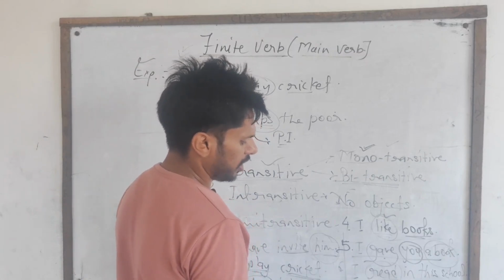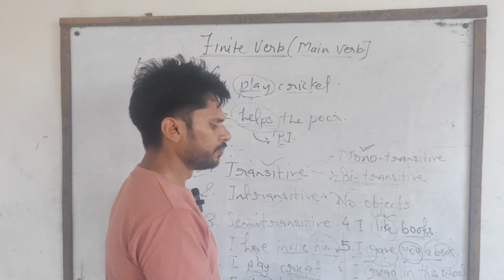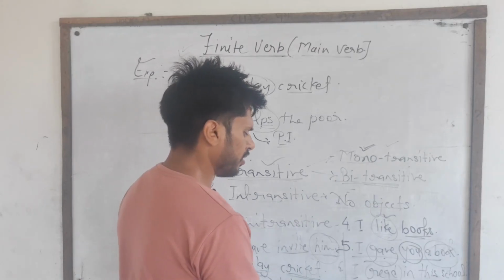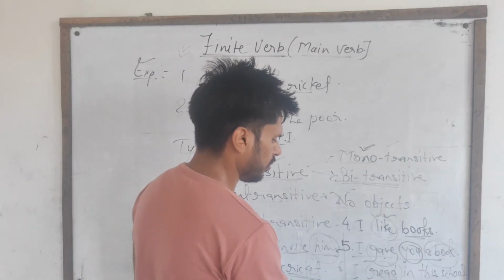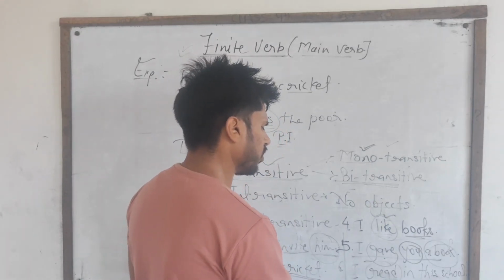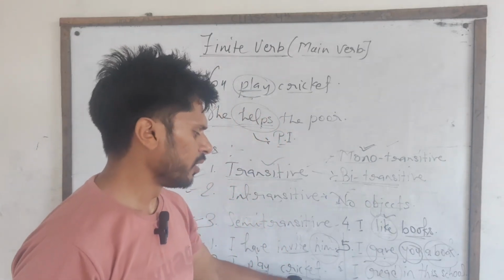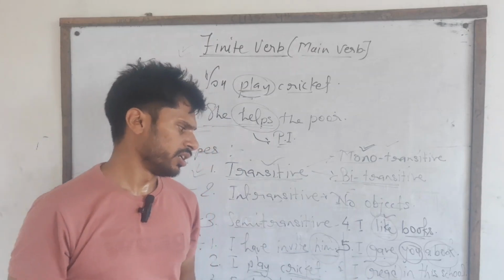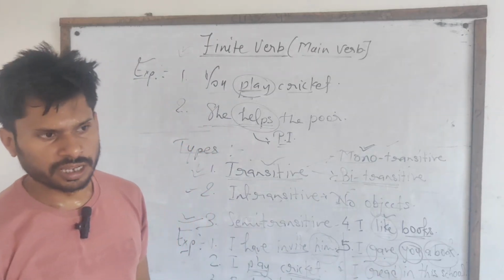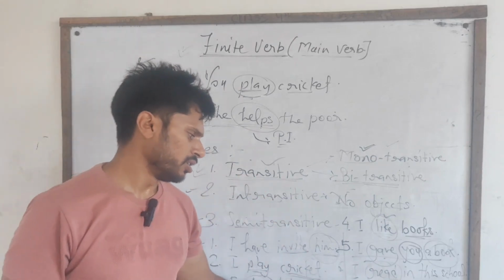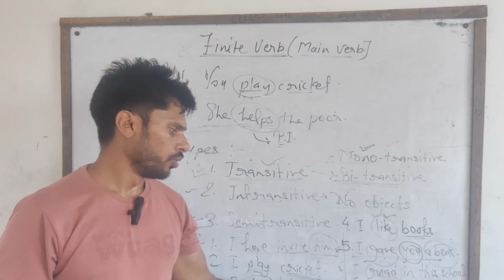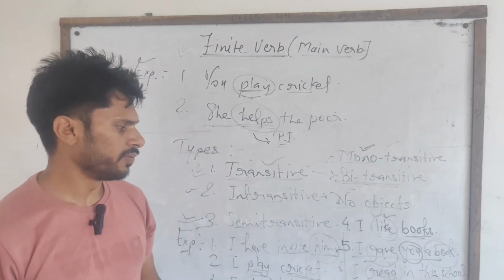But if someone asks you, what do you read? You can say, I read English. In this sentence, we see the object English is included with the same verb read. In the first sentence, read is used intransitively, but in the next sentence, read is used transitively. So this is the semi-transitive verb.